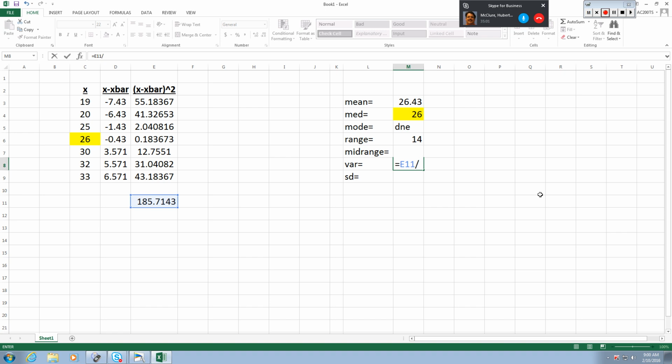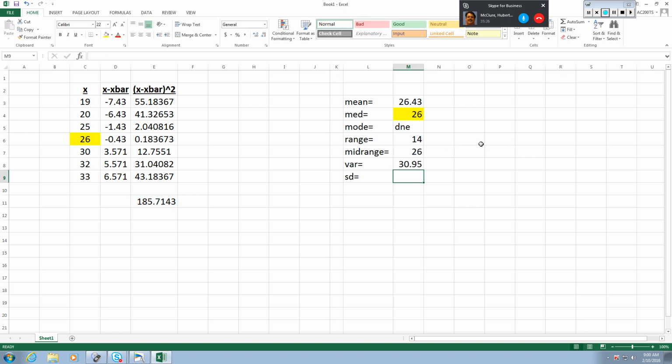N, or n minus 1, I can't remember. Look in your notes, where I wrote it down several days ago. Is it n minus 1 or n? I think it's n minus 1. Okay, so that'd be 6.